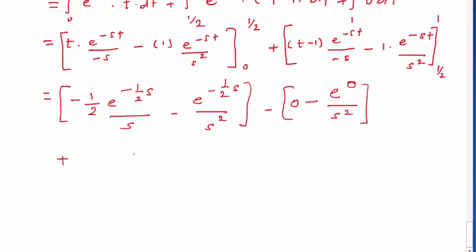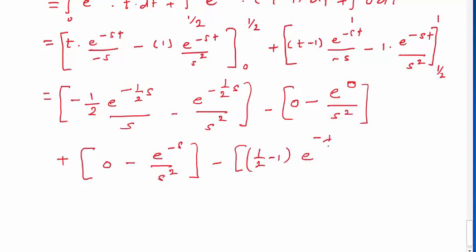Then plus the second bracket. In place of t, when we put 1, we will get the first term as 0 minus e power minus s upon s square, minus we put half in place of t, so it is half minus 1 into e power minus half s upon minus s minus e power minus half s divided by s.